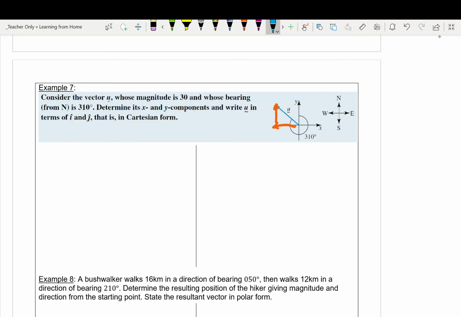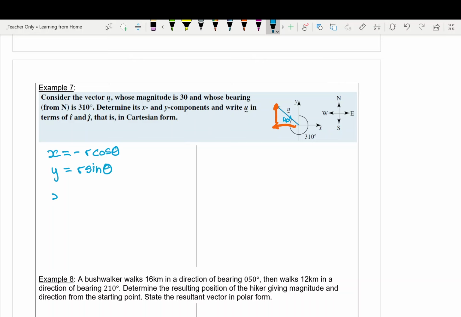So what we can do is look at the triangle that this would make. What would this theta be? Well, it's going to be 270 minus 310. So that's going to be 40 degrees right there. So x is going to be negative r cosine theta. Y is going to be positive r sine theta.